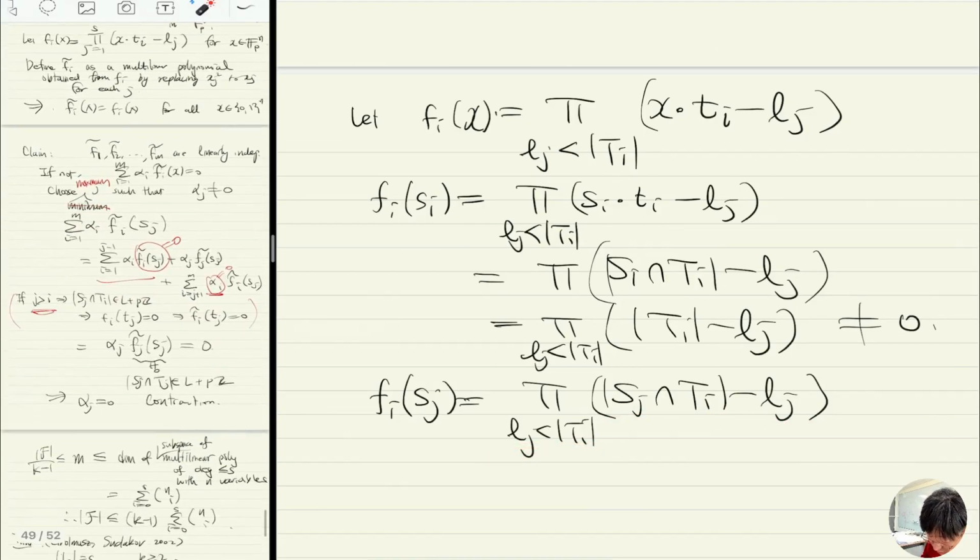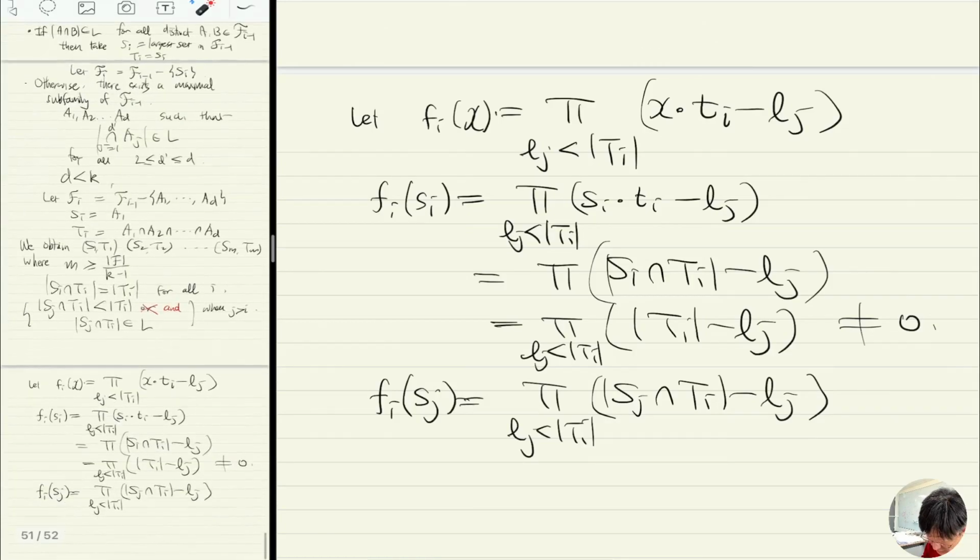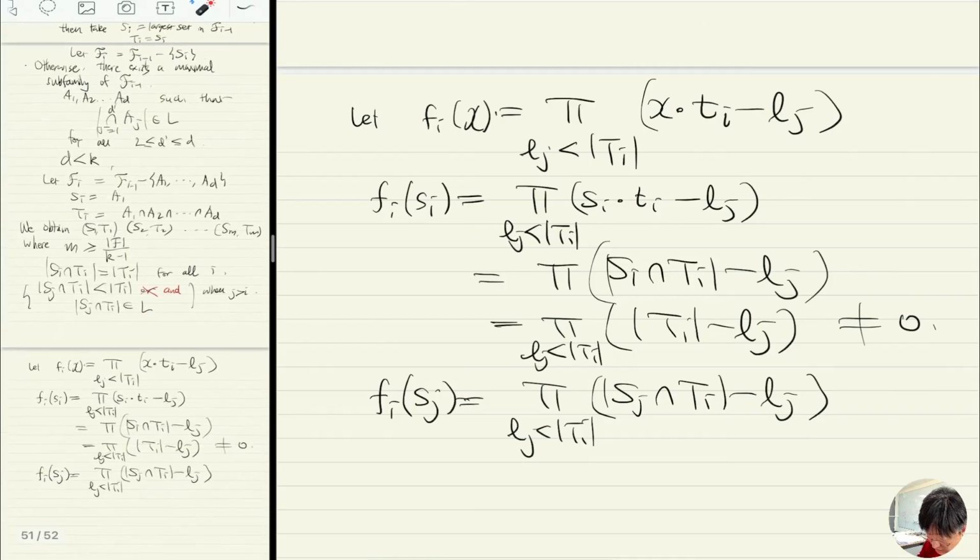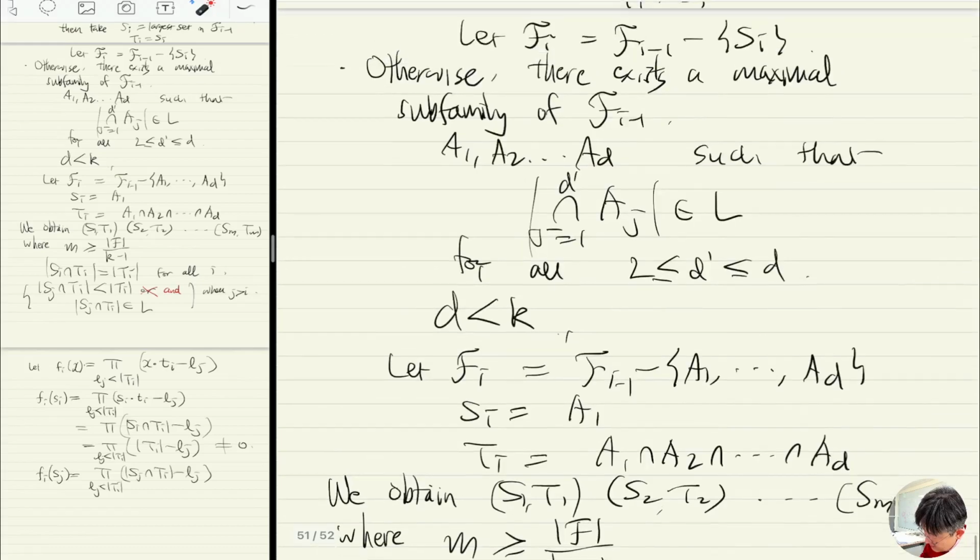Or there's a second case where we chose a maximal subfamily satisfying this, then S_j was not chosen to be A_{d+1}, therefore the intersection is in L. Did I make a mistake?